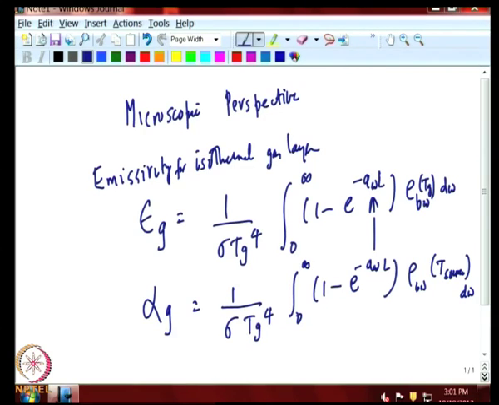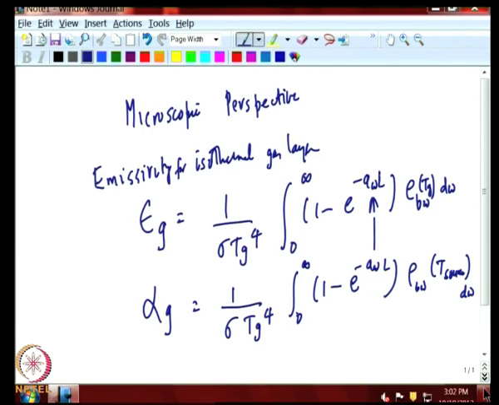So, this is similar to what we already did for surfaces. When we got emissivity, it was only a function of the surface temperature. In this case, the emissivity will be a function of the gas temperature, but absorptivity will be a function both of gas temperature as well as the temperature of the source. So, the source will determine how much gas will absorb.